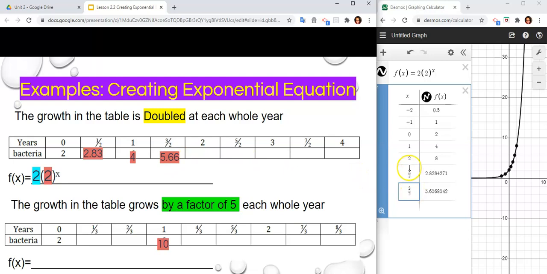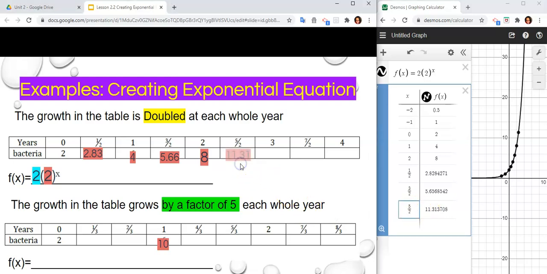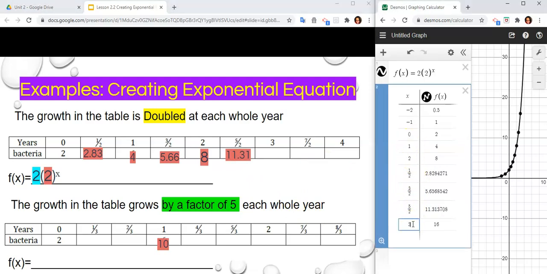Okay, and after 2 years, we should have 8 bacteria in there. And then after 2.5 years, I'm just going to continue, 5 divided by 2 in there, and this should be 11. After 3 whole years, 3 isn't up here, so no problem. I just put 3 in there, and I should have 16 bacteria built up.